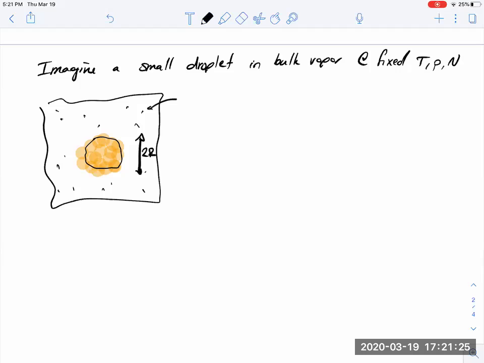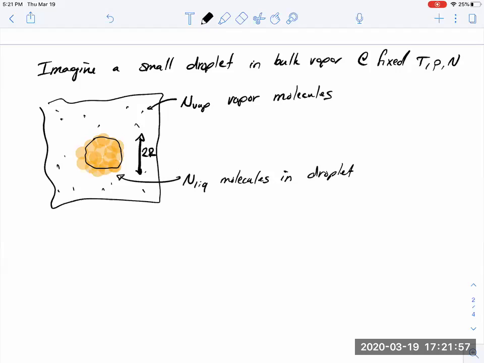Let's say that at this instant in time, there are n vapor molecules. And in that droplet, there are n liquid molecules. Okay.